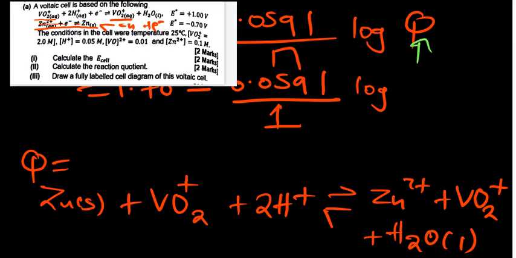This is too confusing. Let me see. Okay, so it's supposed to be VO on the right hand side. There's not supposed to be a subscript 2 there.